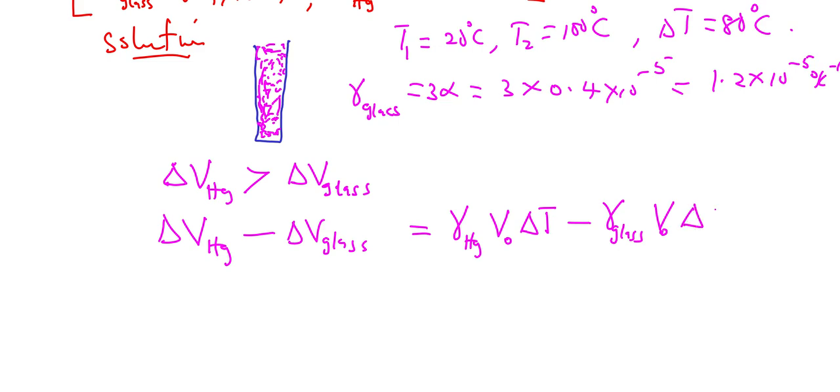They also have the same initial temperature and the same final temperature. So the only thing that is different here is the coefficient of volume expansion for the two. So we can say V0 is common, delta T is common, into bracket the coefficient of volume expansion for mercury minus the coefficient of volume expansion for glass.